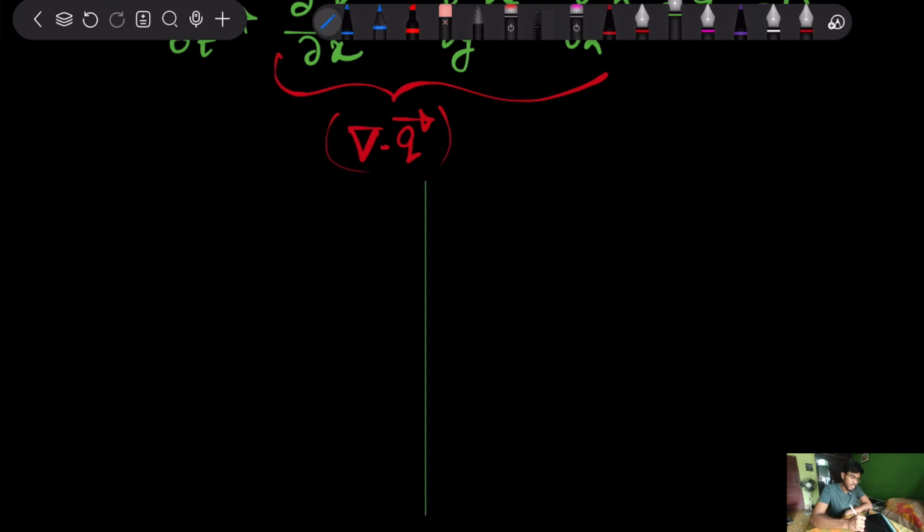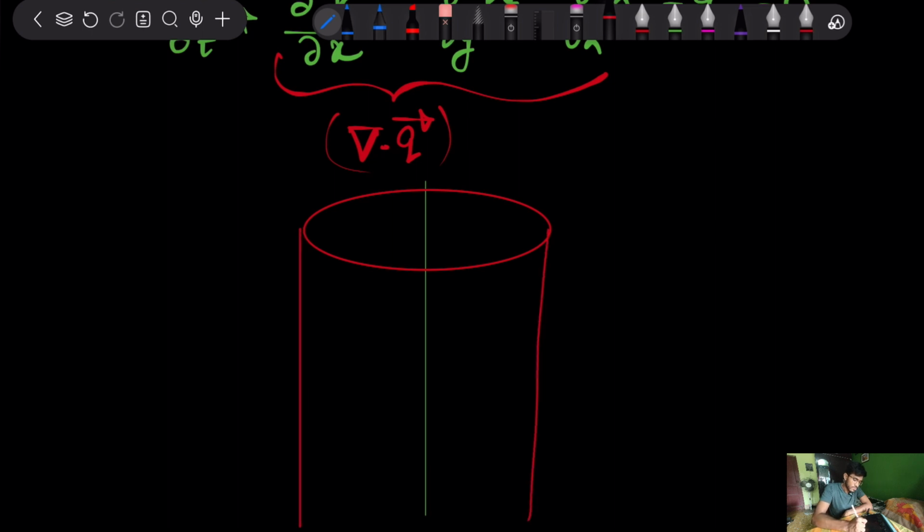So if this is my axis of the cylinder, I can draw my cylinder here. Okay, this is not fitting.